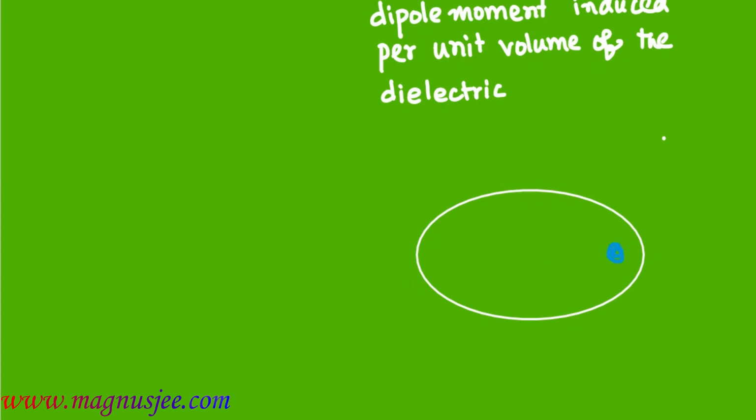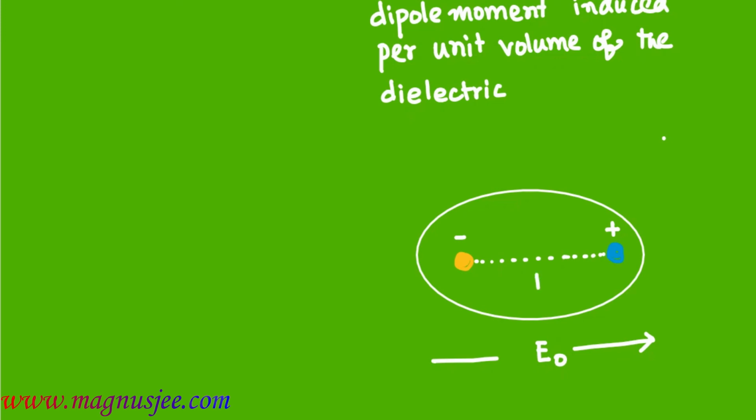Now, if we draw the diagram of polar dielectric material in which the center of positive charge, denoted by blue color, is separated from the center of negative charge due to application of an electric field E0 towards right, the center of positive charge will be pulled in the direction of electric field E0, and the center of negative charge will be pulled in the opposite direction of E0.